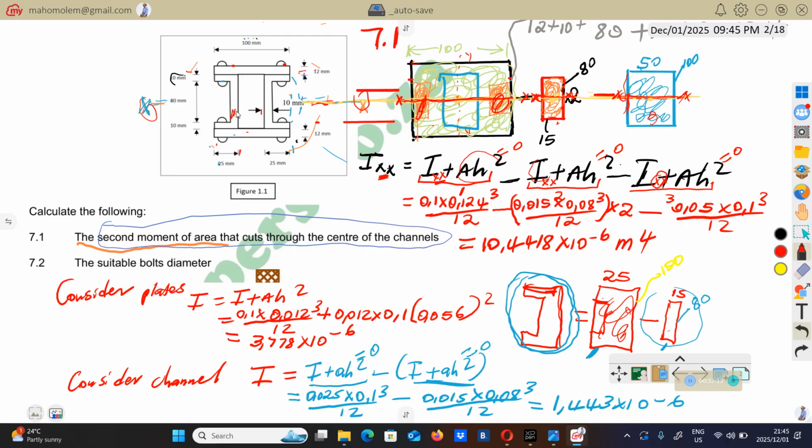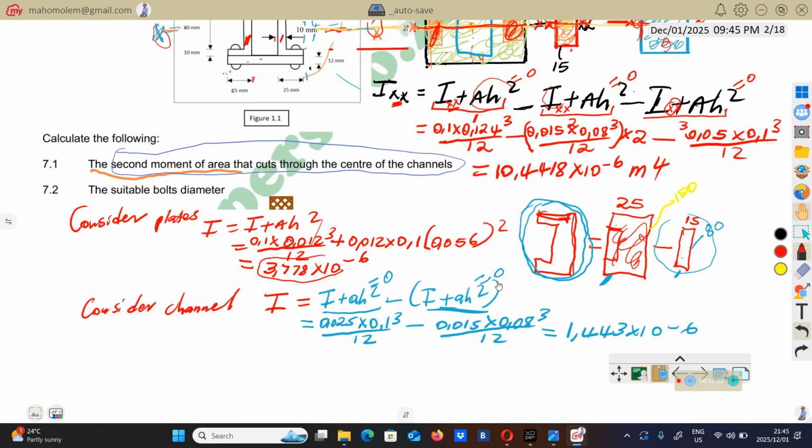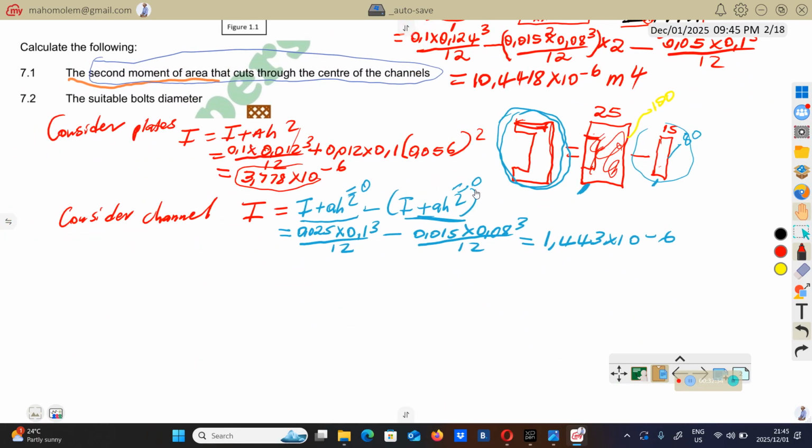So one channel is going to have the I of 1.4, then we've got two of them. That's why we have to multiply by 2. And then one plate as well is going to have this I of 3.7. Then because we've got two plates, now we have to multiply by 2. Then at the end of the day, you will have I total, which is going to be 2 times 3.778.